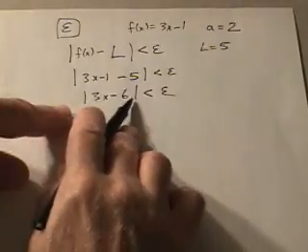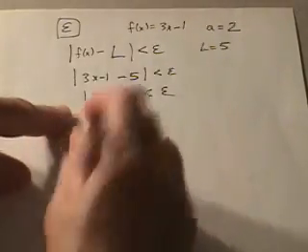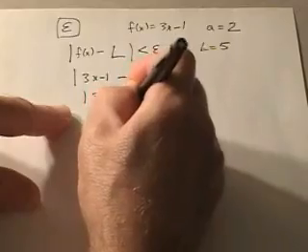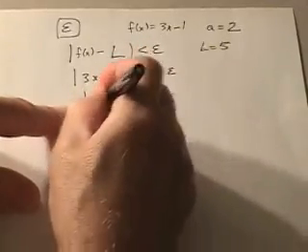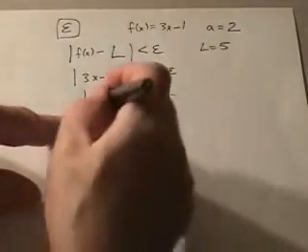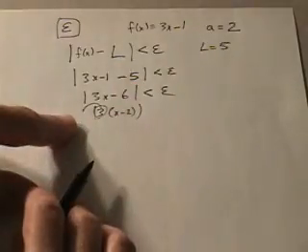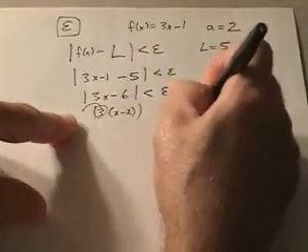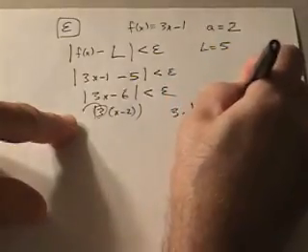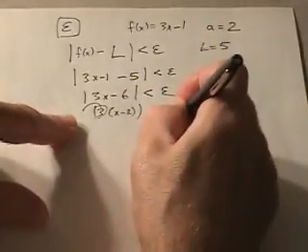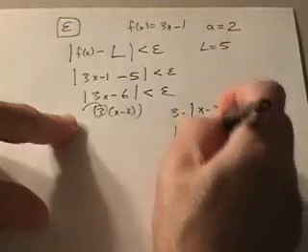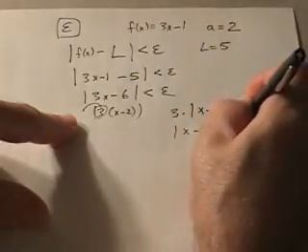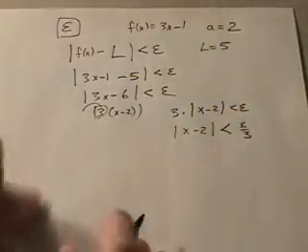Well, look, I can factor 3x minus 6. That's 3 times x minus 2 in absolute value. 3 is a positive number, so that can come out of the absolute value sign without any problem. So what I've got is 3 times the absolute value of x minus 2 less than epsilon, or absolute value of x minus 2, if you divide both sides by 3, less than epsilon over 3.